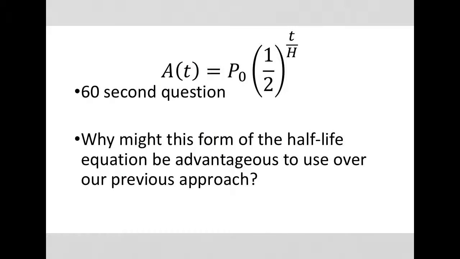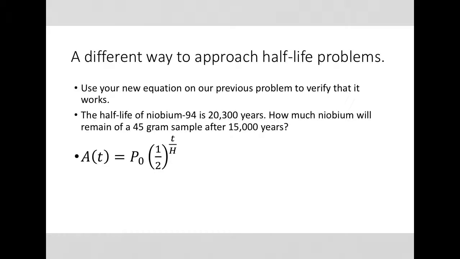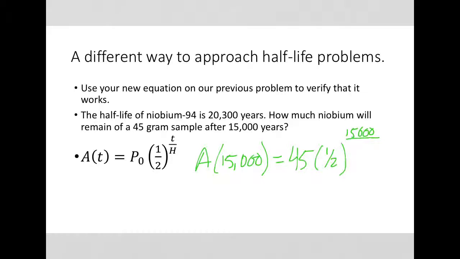And sometimes this might be useful because if you think about it, we could answer that previous question without figuring out what the rate is. So if we use those same values and substitute in, we would get that the amount after 15,000 years is going to equal the initial population, which is 45, times 1/2 to the power of our time, which is 15,000, divided by the half-life, which is 20,300.